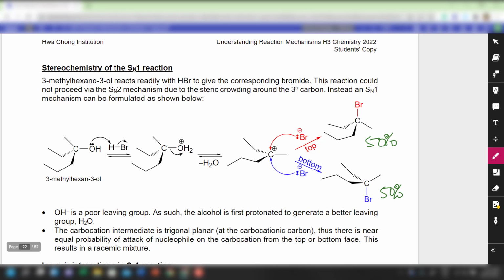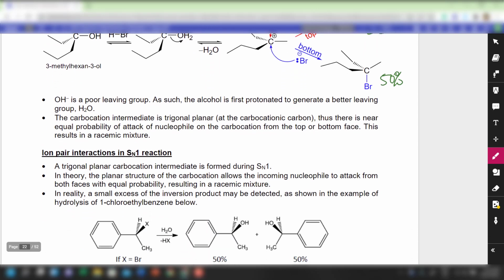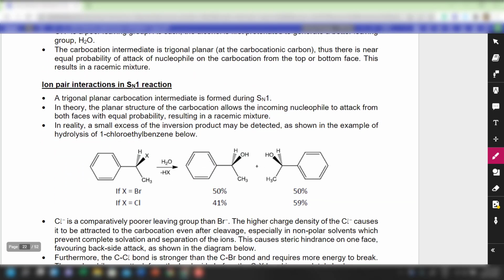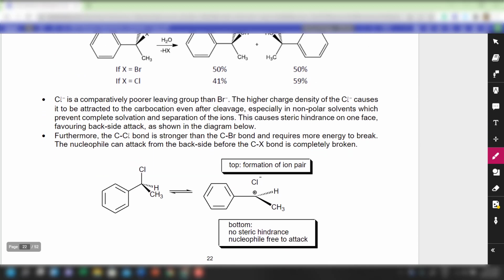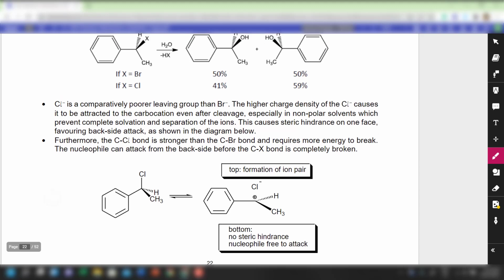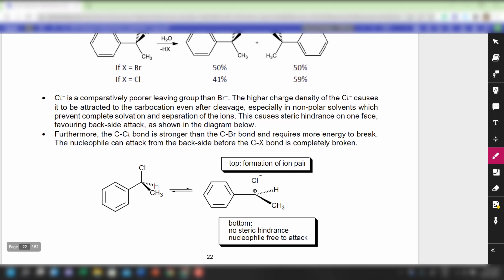Okay, it is possible. So we highlighted this ion pair interaction in our activity 4. For ion pair interaction, for example, the C-Cl bond is stronger than C-Br in our case here. So that means that in the intermediate, you would expect the Cl- after it leaves to still form a relatively strong interaction with the carbocationic intermediate. So you have something like an ion pair.